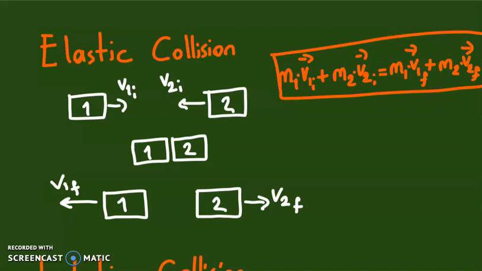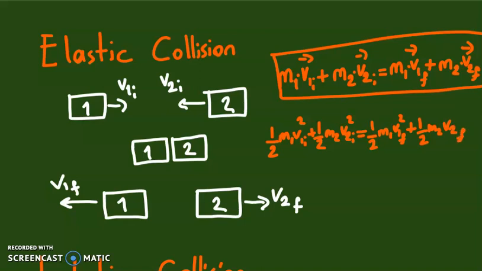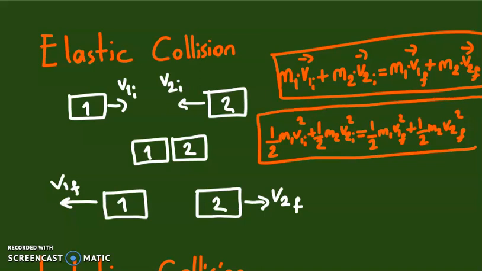So we can write the equation like that: 1/2 m1 v1 initial squared plus 1/2 m2 v2 initial squared equals 1/2 m1 v1 final squared plus 1/2 m2 v2 final squared. So we can also use conservation of energy. In an elastic collision, energy is conserved.